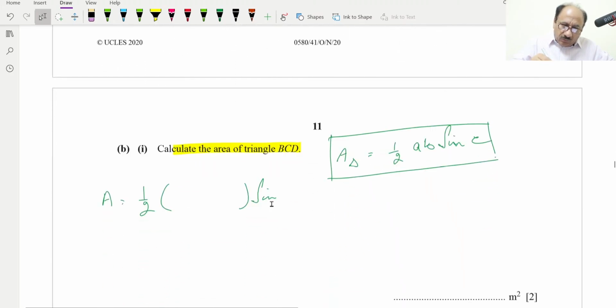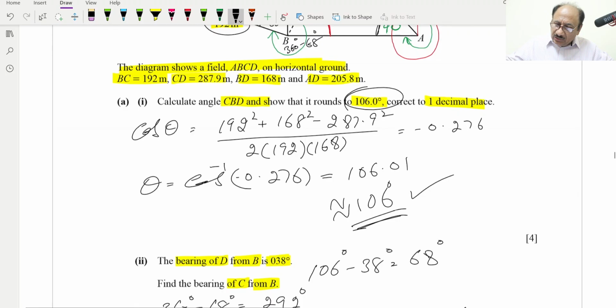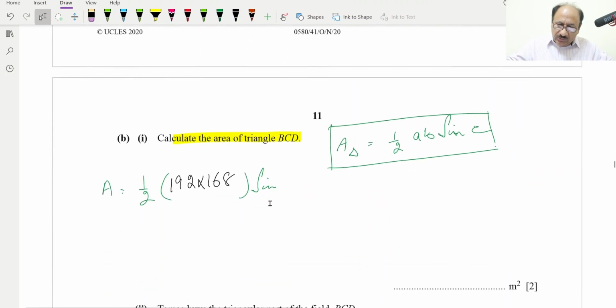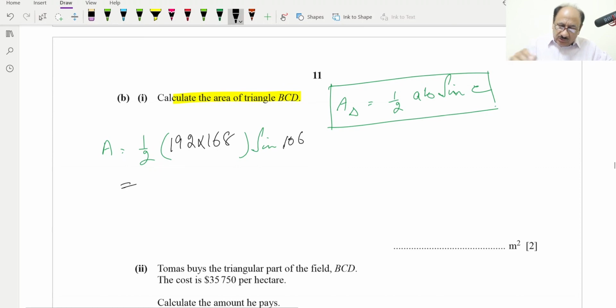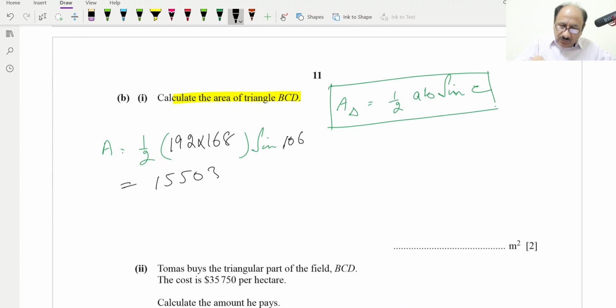We have this angle which is 68 plus 38, so 106, which we just found. So we will write here 1 by 2 into 192 into 168 sine of 106. The calculation gives us the answer: 0.5 multiplied by 192 into 168 sine of 106, and this will result in 15503.23, so we can round it to 15500.